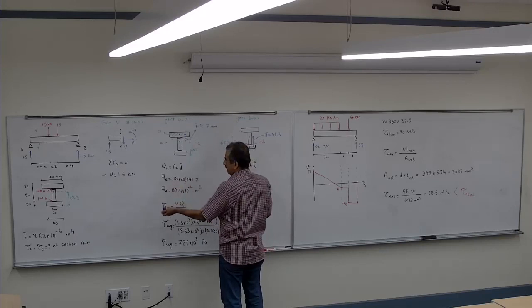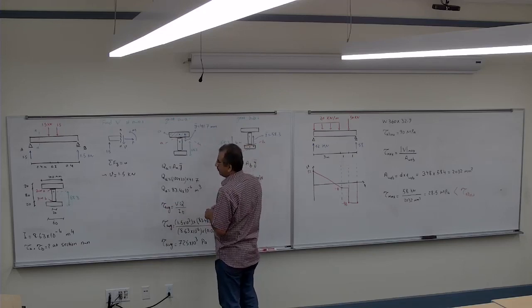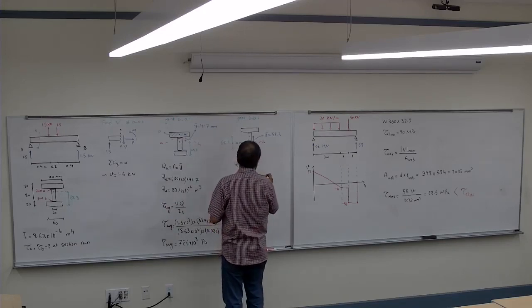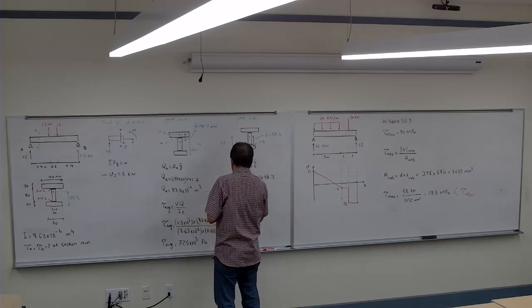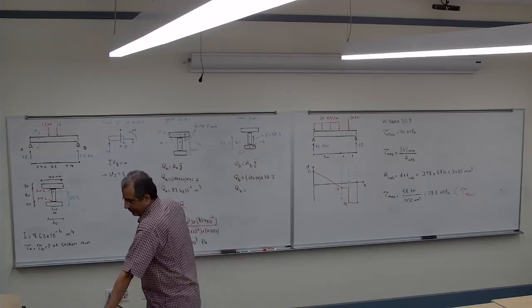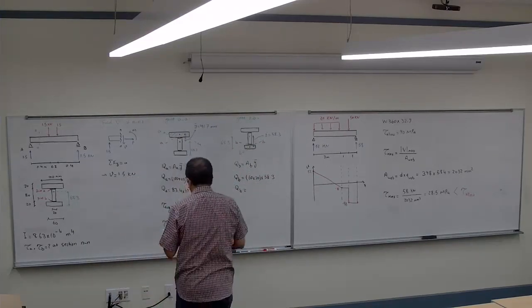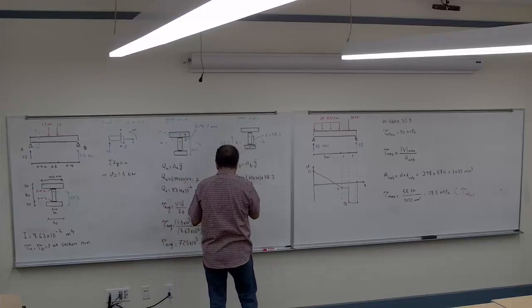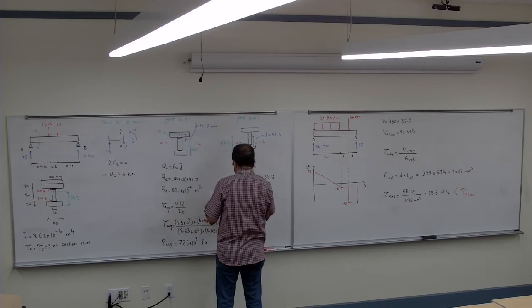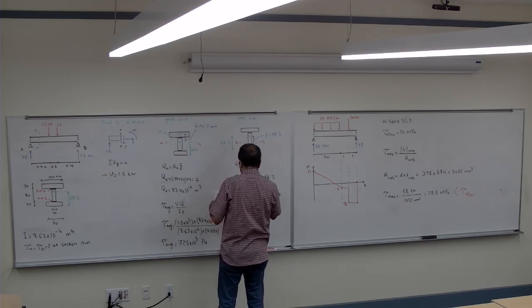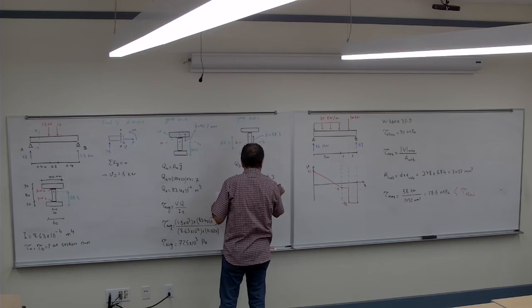This time it is going to be 60 times 20 multiplied by 58.3. So Q at B is 70 times 10 to negative 6 if you convert it to meter cubed.